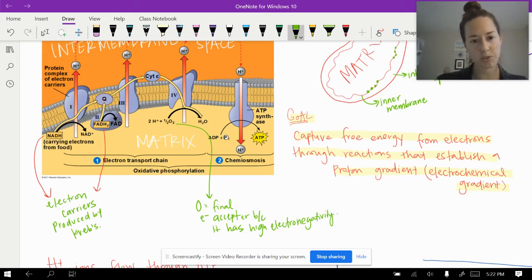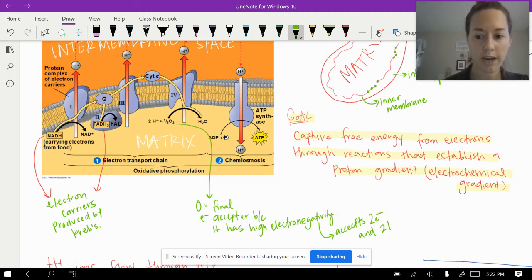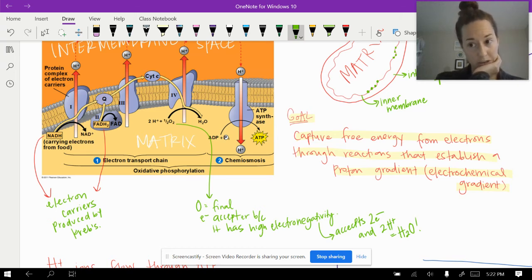The oxygen accepts 2 electrons, and it also accepts 2 hydrogens because, like I said before, if it accepts an electron, it has to accept a hydrogen too. And that produces H2O, which is water. So it accepts 2 electrons and 2 hydrogens to equal H2O. Hooray! All right, so that takes care of where the electrons went.